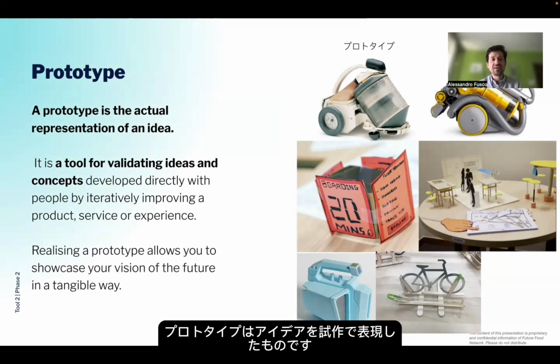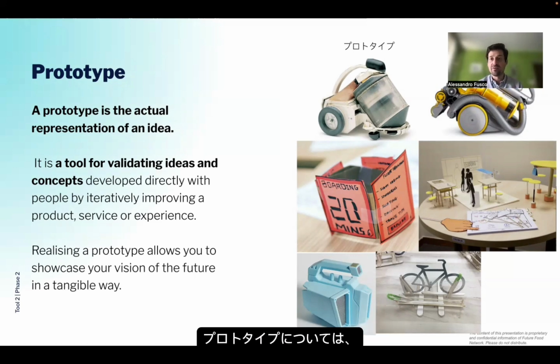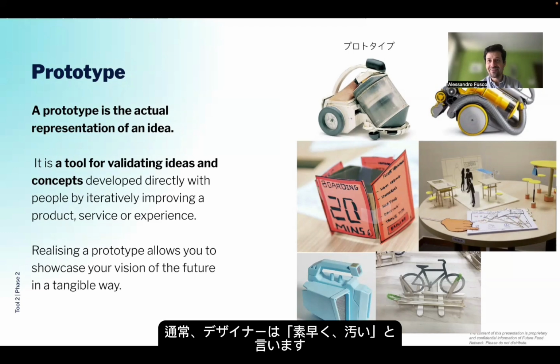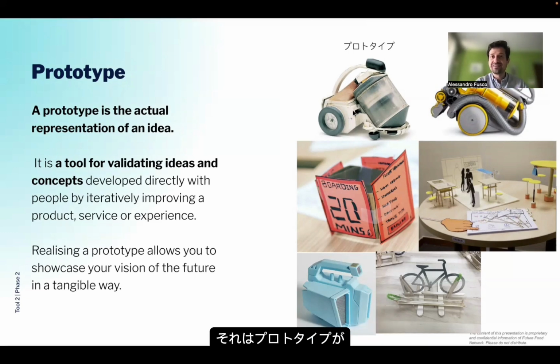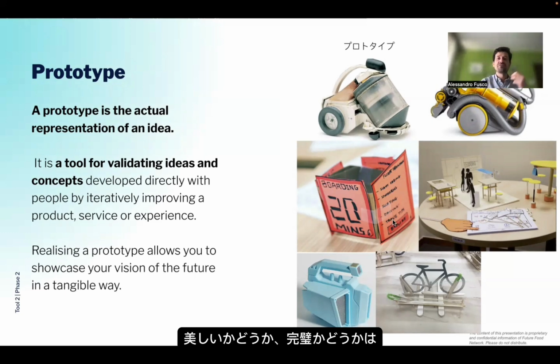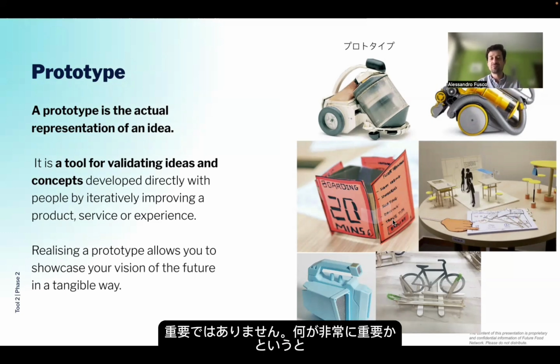A prototype is a representation of an idea, and designers usually say it can be quick and dirty. That means it's not important if the prototype is beautiful or perfect.